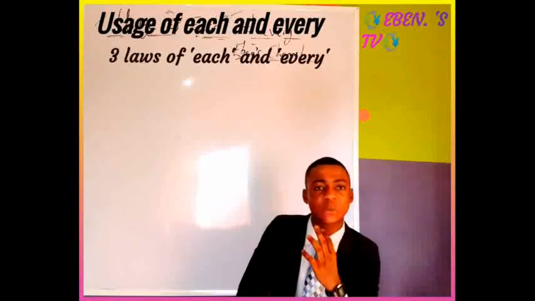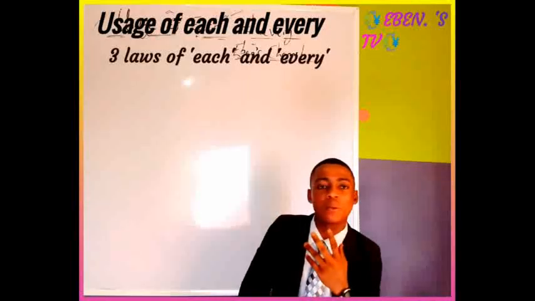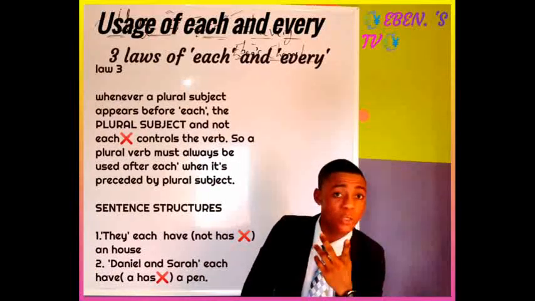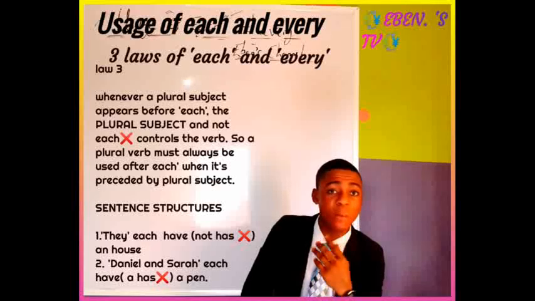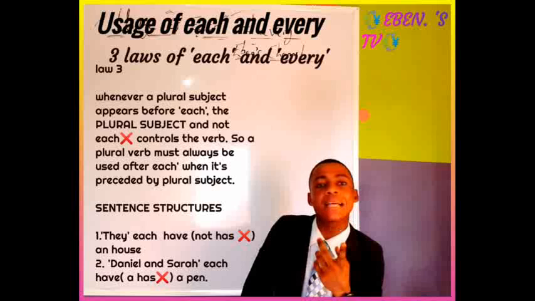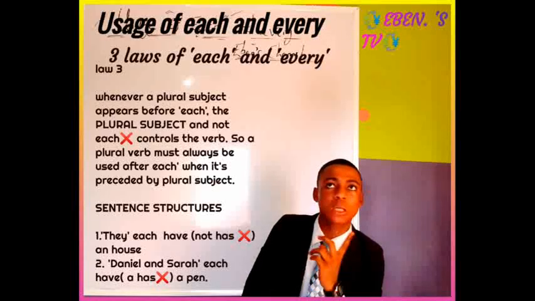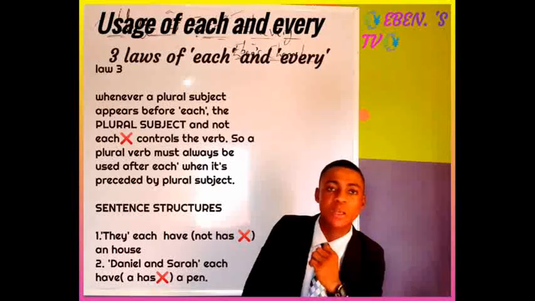Now listen, in a situation whereby you have a plural subject before the word each, what controls the verb is not the word each. The word each could actually be detached there. It's the plural subject before the word each that actually controls the verb.